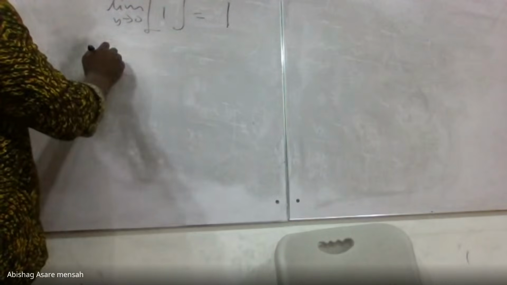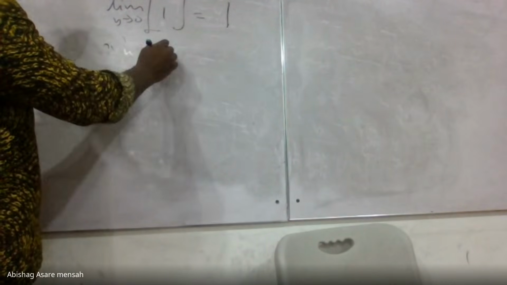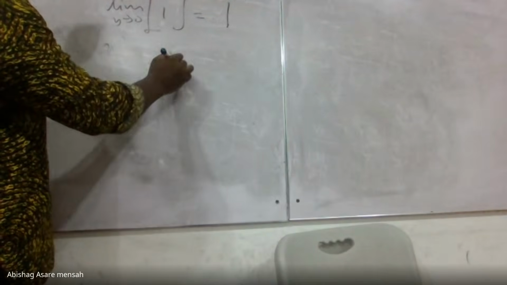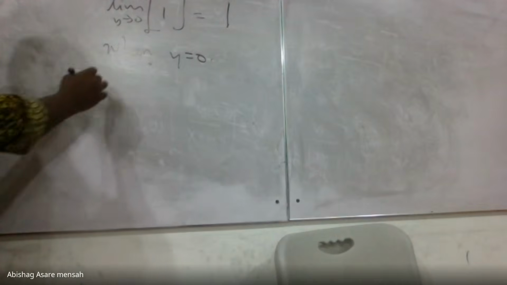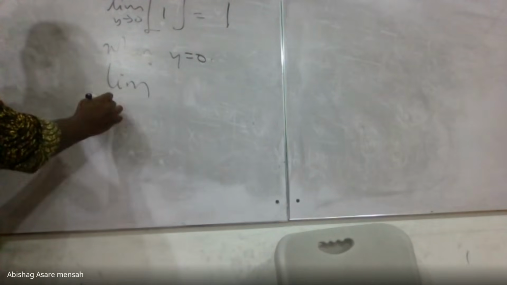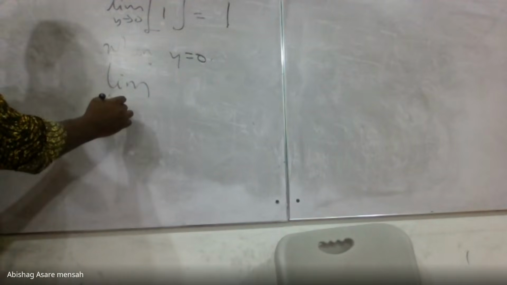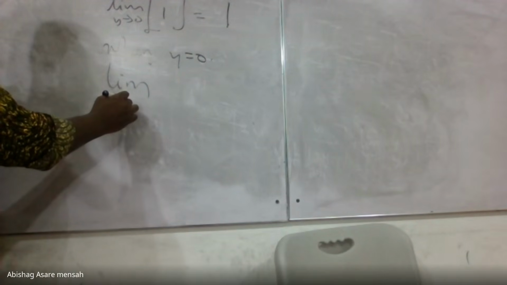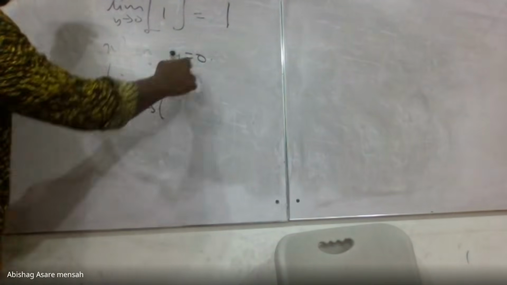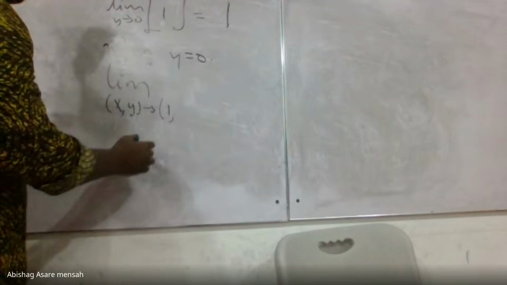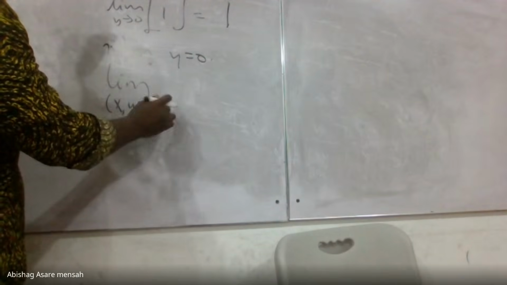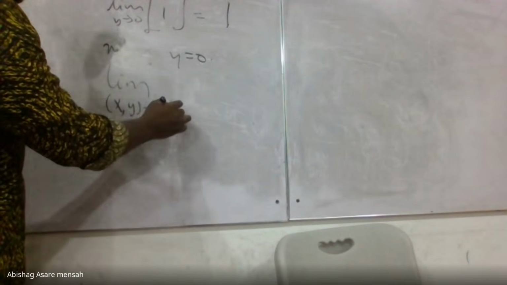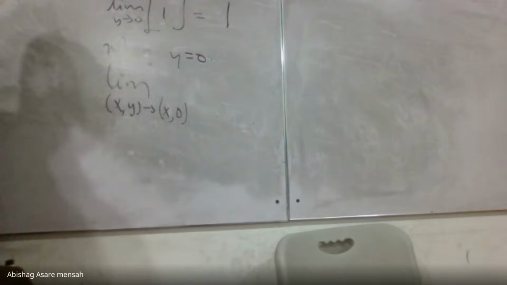Now let's go to the next one. This time we start from when y is equal to 0, because that's one of the limits. This time x will be 1. Then y is equal to 0. So x will maintain x, y will be 0. That's the first thing.